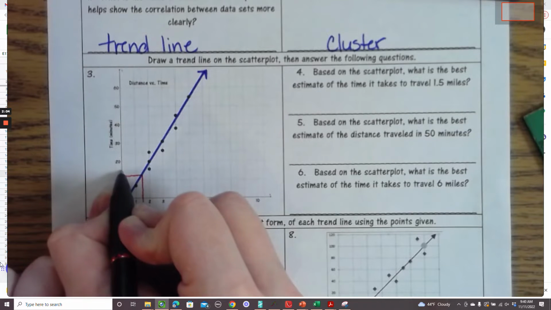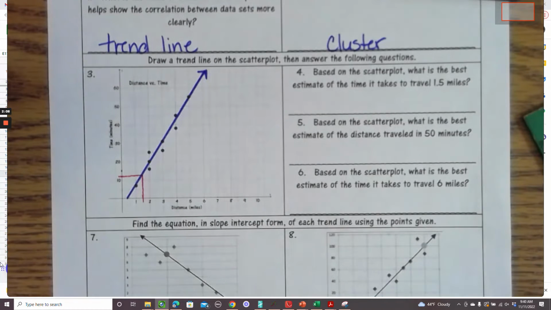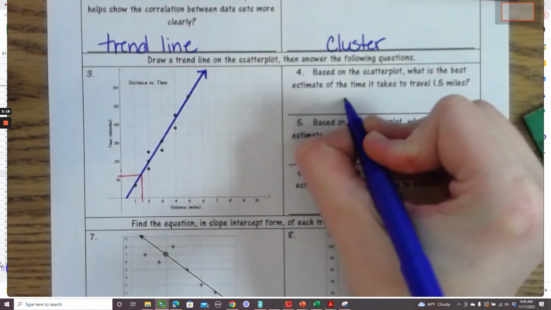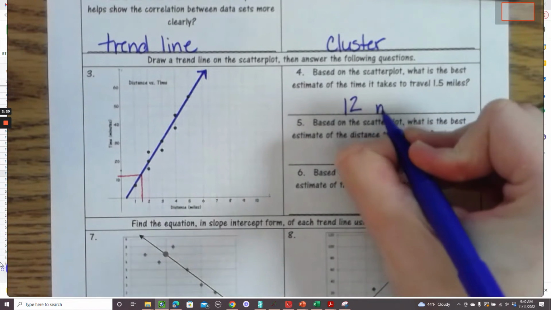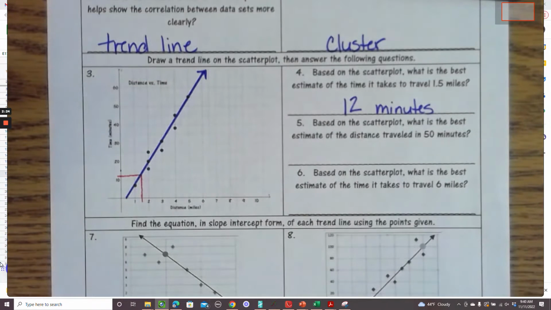Halfway in between would be 15. I'm a little bit above 10, so I'm between 10 and 15. I would take any answer in between 10 and 15: 11, 12, 13, 14. Again, we're all going to get something a little bit different. On mine, I put 12 minutes. When I grade these, I'm going to give you some buffer space because they're all going to be different.